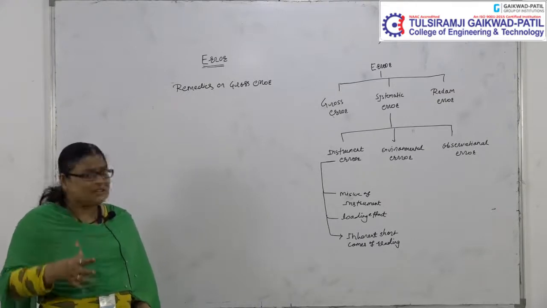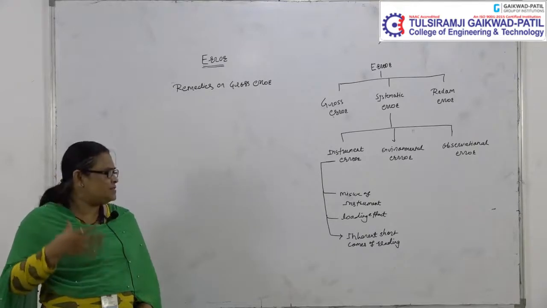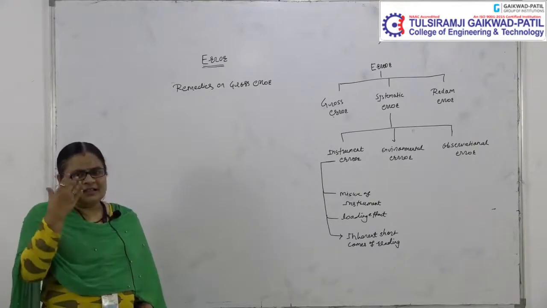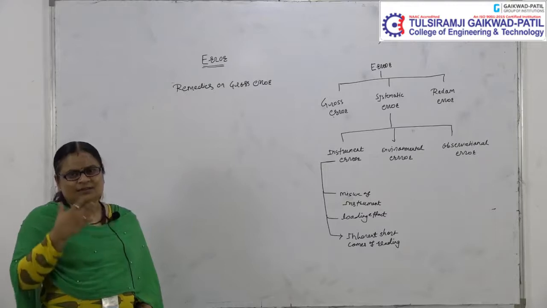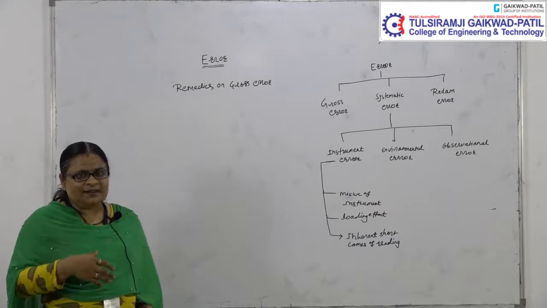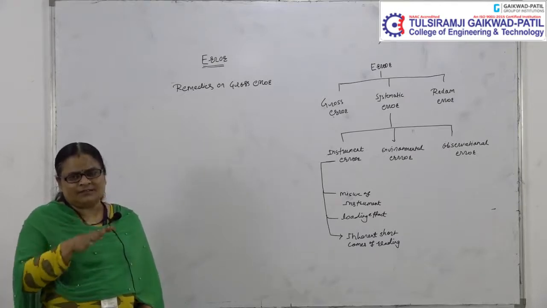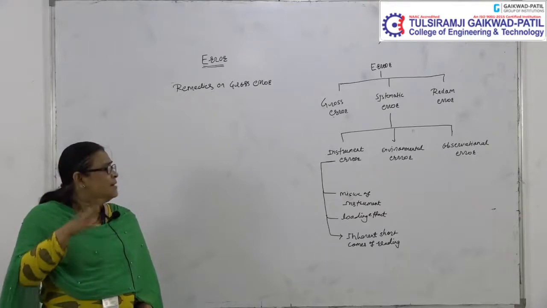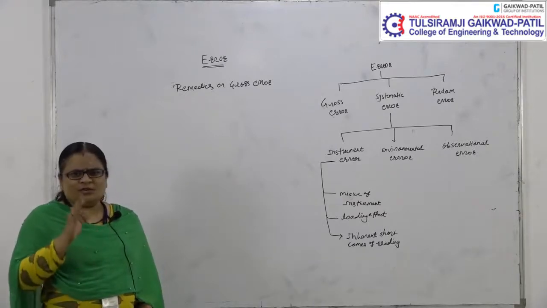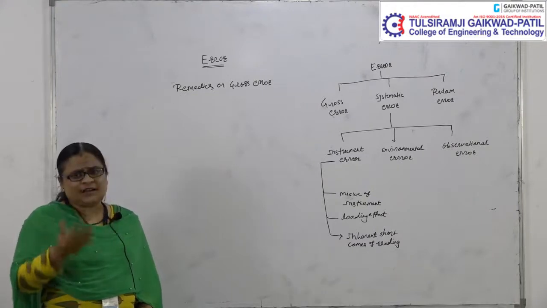So these are the parameters which occur in the error, and this question is asked in the university examination for 7 marks: What is the error? In the last 5 years of university examination question papers, all the students can see that these questions are repeatedly asked.